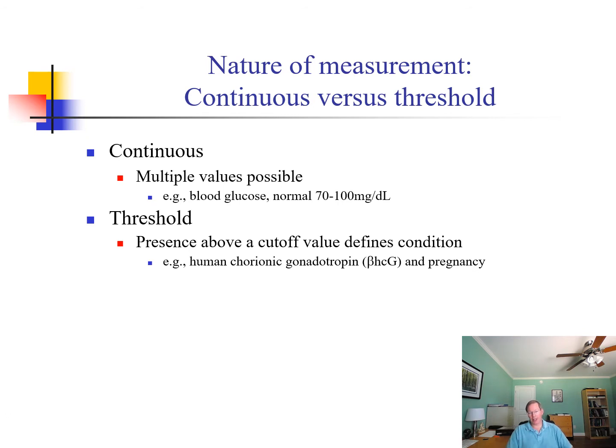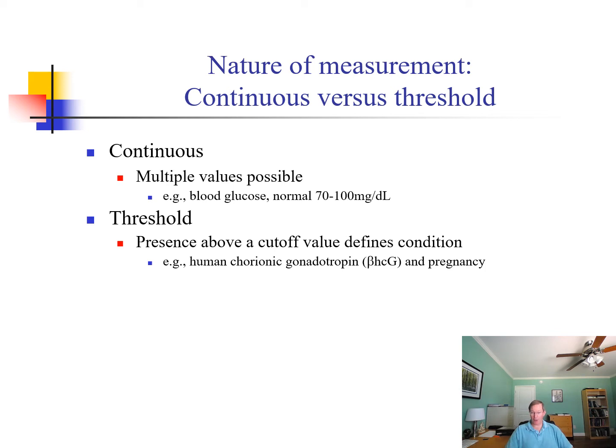Now, as I mentioned before, when you have a normal range of values, for example, blood glucose in a person who is not diabetic, normally will range between 70 and 100 milligrams per deciliter if they're fasting. And if they're not, it might go up to about 140 milligrams per deciliter. So anywhere in that is really considered to be normal.